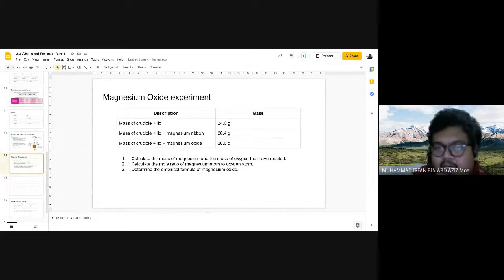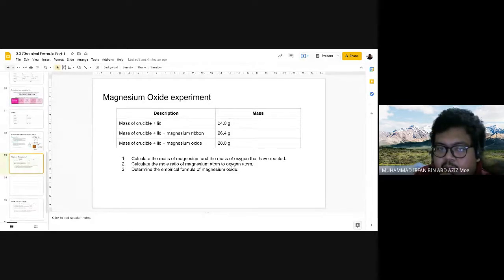You need to timbang the mass of the container dulu. After that, isi air, and then timbang balik. Then you can get the mass of water by minus mass of water plus container dengan mass of container.